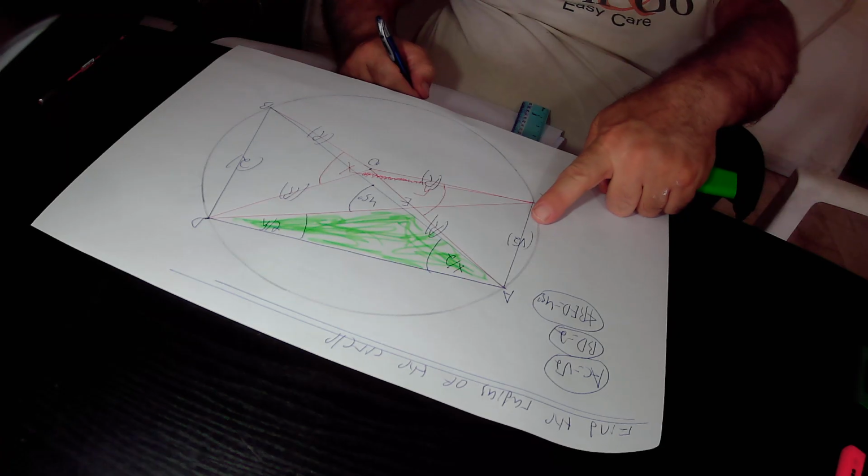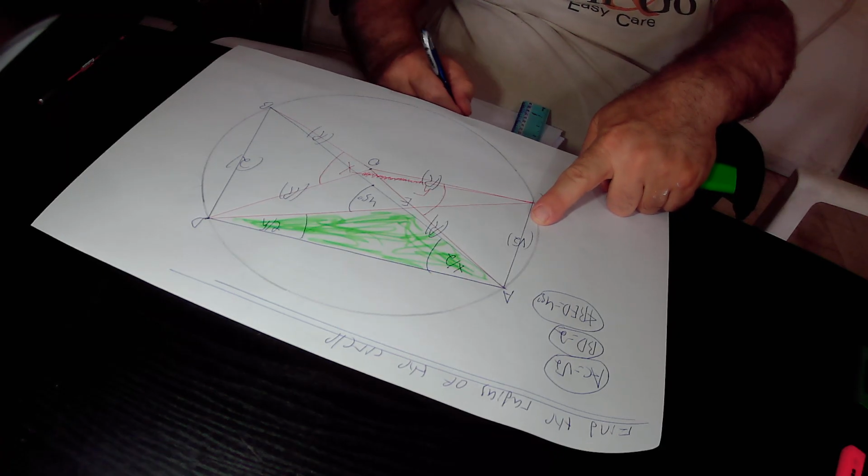Side AC equals the square root of 2 units, according to what is given in the question.